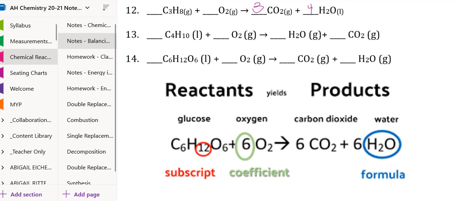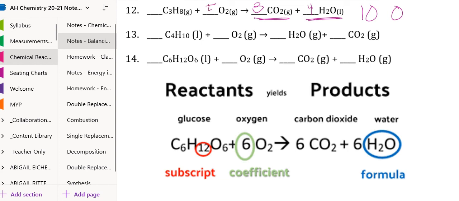Okay, now you have 4 oxygens with water and 6 oxygens with carbon dioxide to make a total of 10 oxygens in your products, right? So how will you balance that with the reactants where you have 2 oxygens right now?